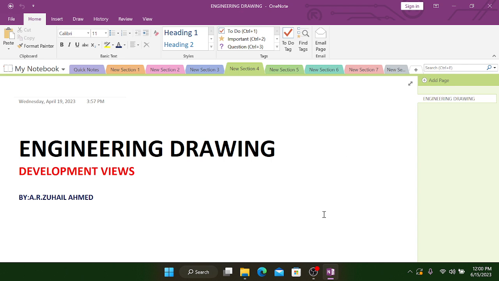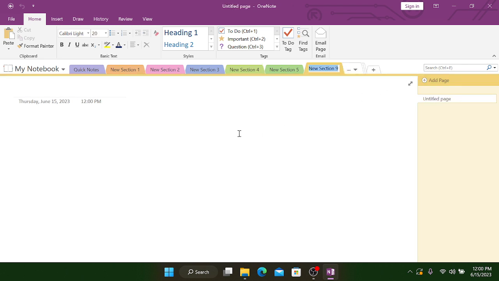So let's see under the development view. The first thing, cone. I'm going to develop a cone. So front view and plan view and also the development view. Here, first, truncated cone.